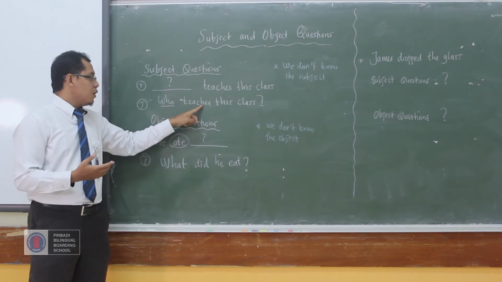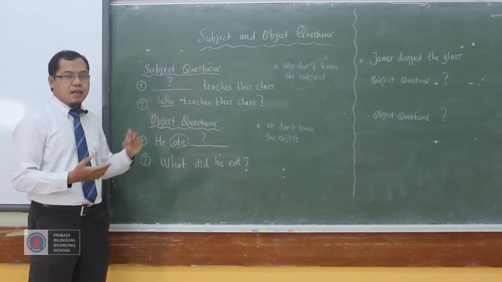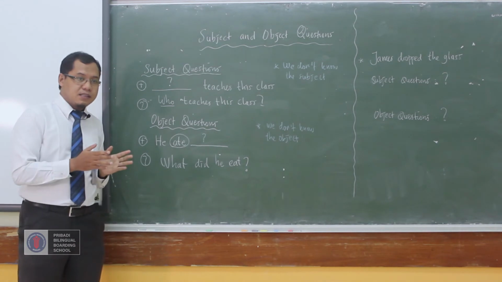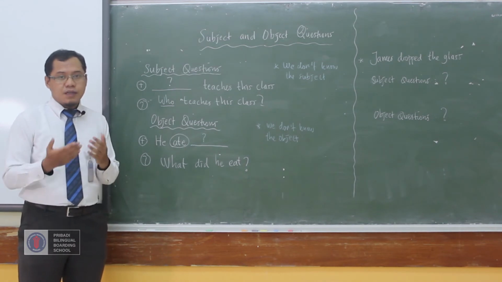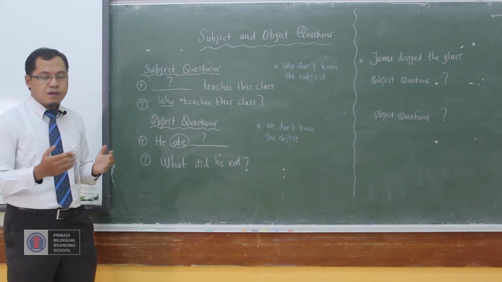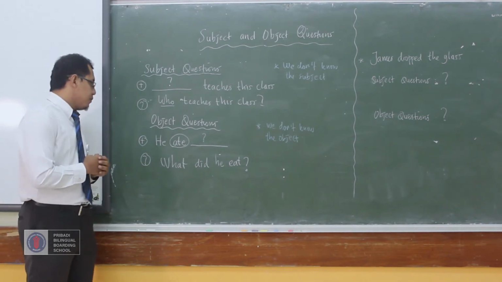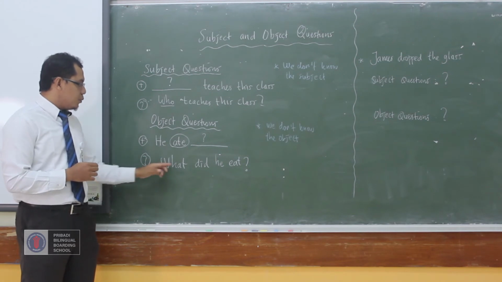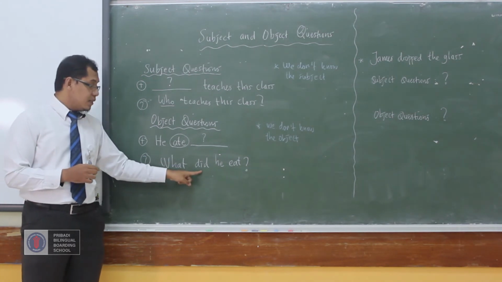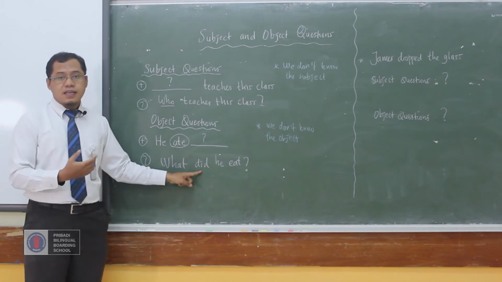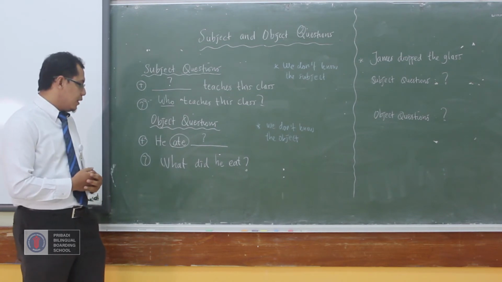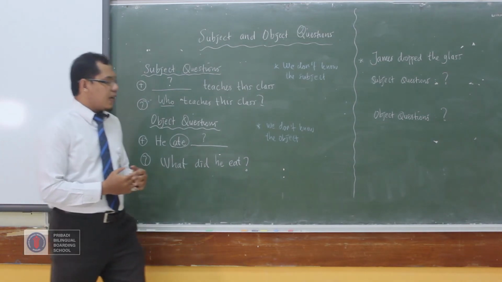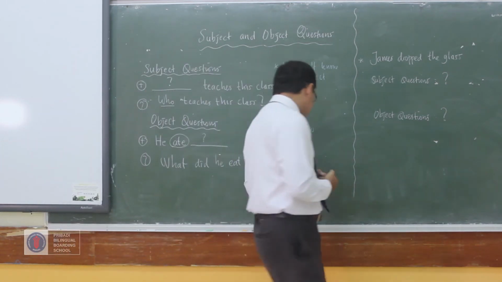We add es at the end of the verb. It might be different when the tense is past simple or present perfect and so on. And then for the object questions, we need to put an auxiliary. In this case, we use did because the sentence is in the past simple.